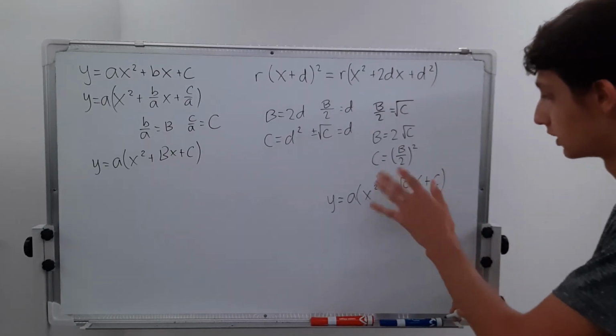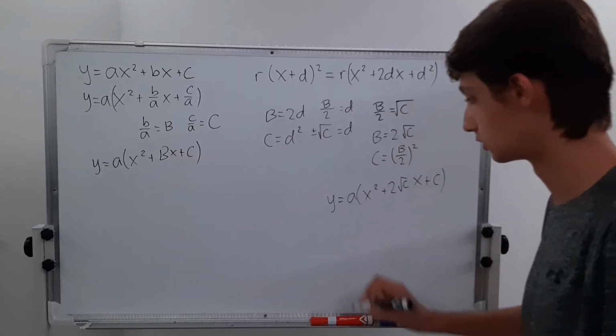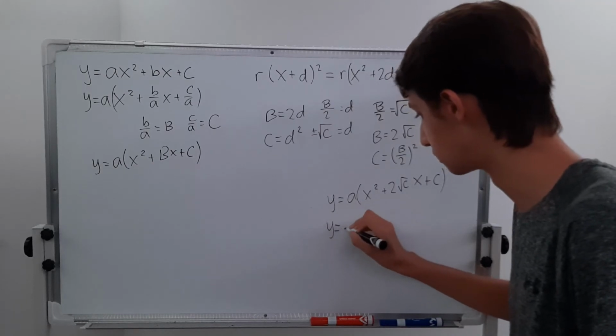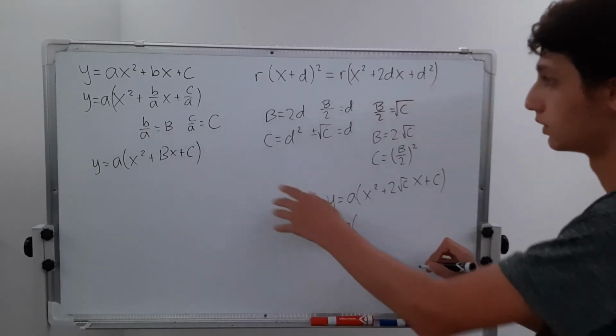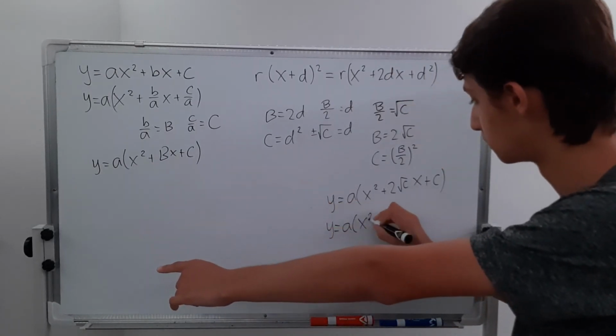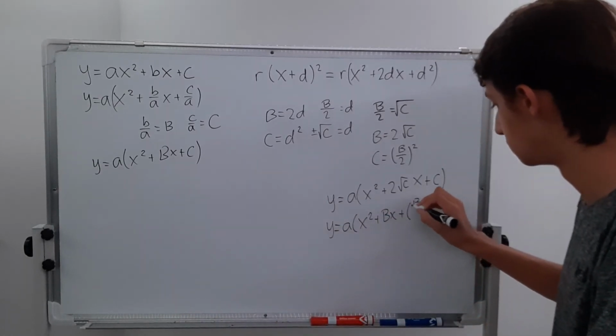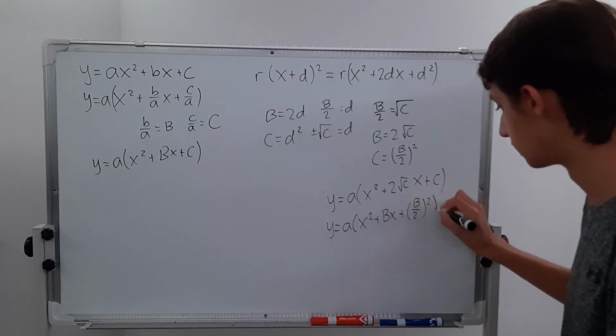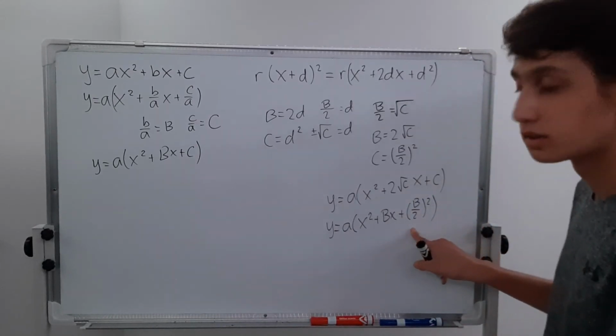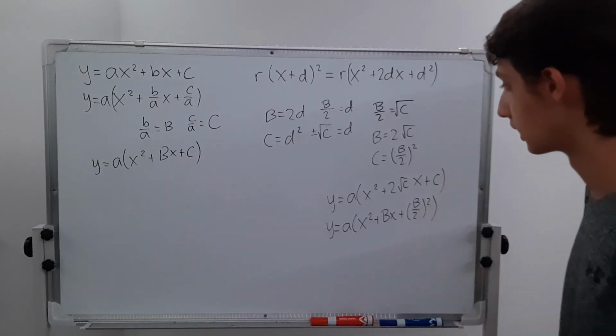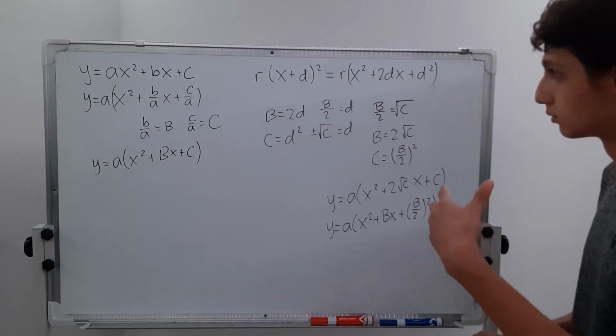But with the plus and the minus, it's kind of confusing. So that's why this is the standard form: y equals a times x squared plus bx plus b over 2 squared. And so that forms a perfect square, okay?